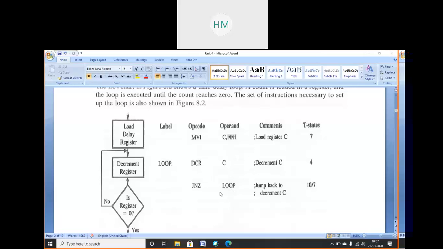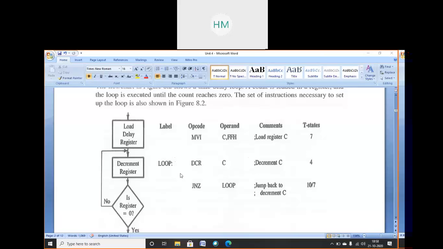Always this labeling is important. You can put the labels, but this label should be same. I'm using it here in the instruction, and wherever I'm placing that label, the label should be same. Many students, what they used to do, JNZ P, and there they will write it as Q. So that is a wrong way to write the labels. And every jump instruction will require labeling.